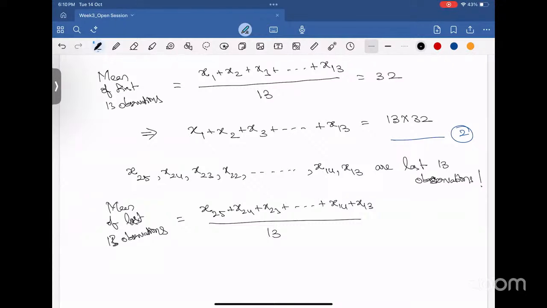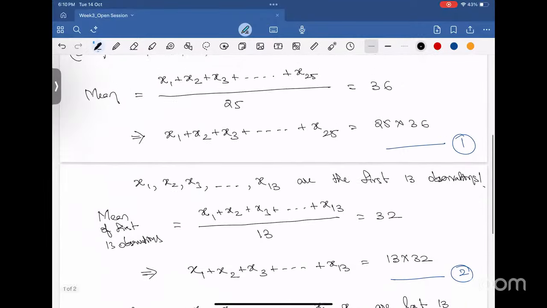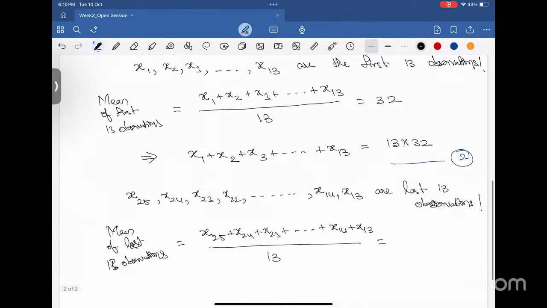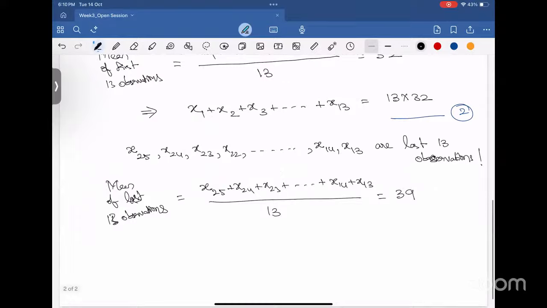The sum of them divided by 13 gives us the mean, and the mean is given to be 39. From here we can get the sum of the last 13 observations: x25 plus x24 plus x23 and so on, x14 plus x13 is equal to 13 times 39.